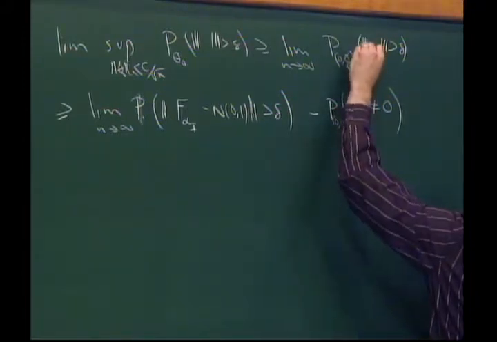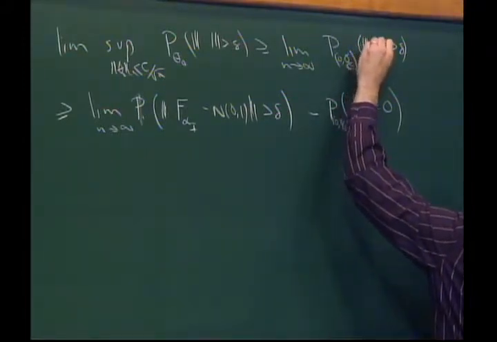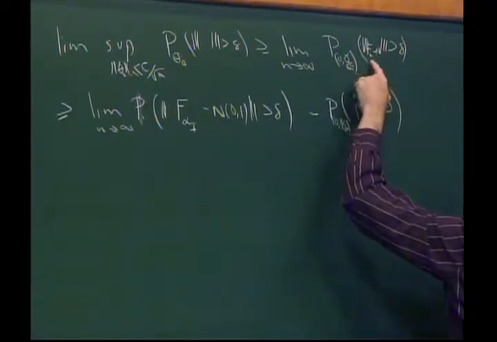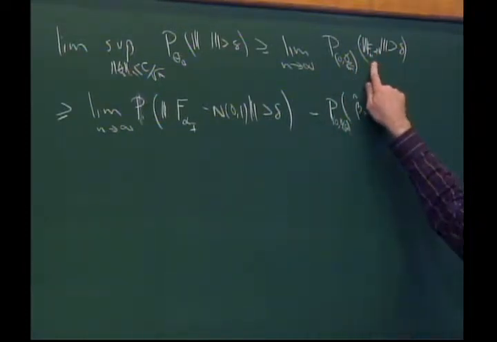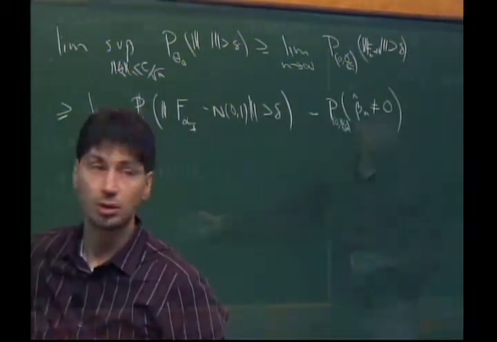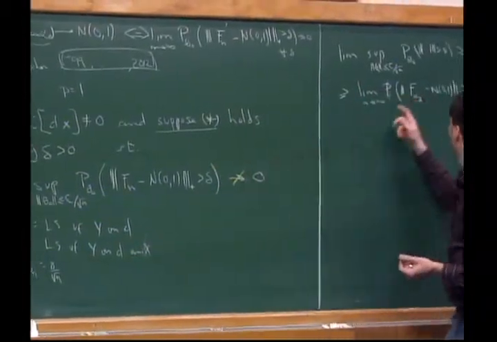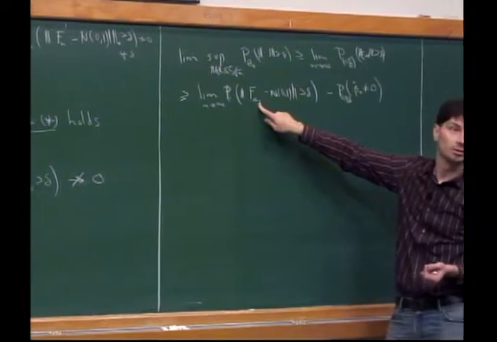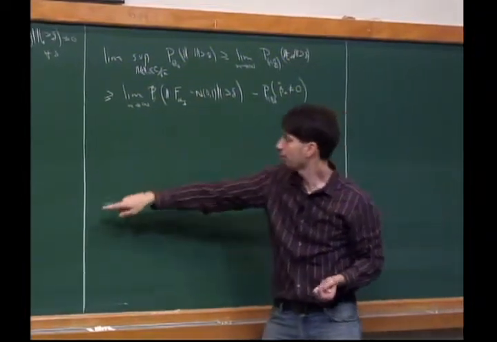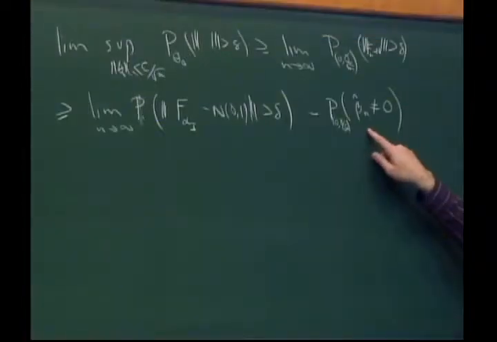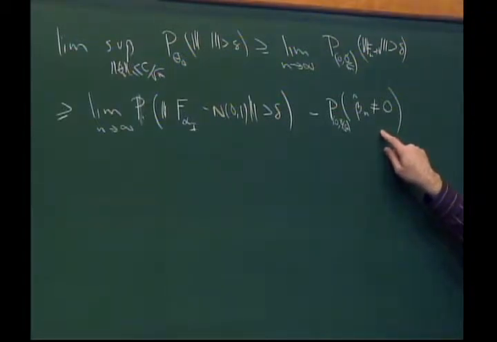Here I had Fn minus normal. This Fn could be either one of these two models. Now I'm using the first model always, but I'm subtracting the probability that I would actually select the second model. So that gives you a lower bound.